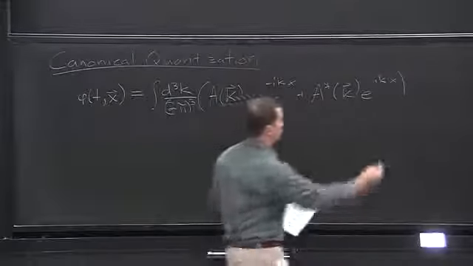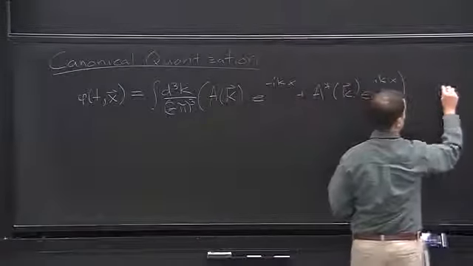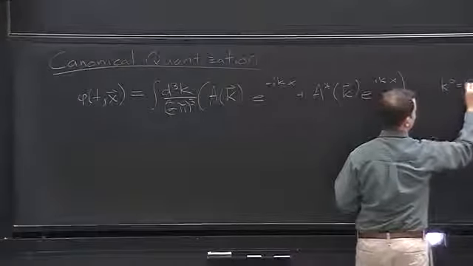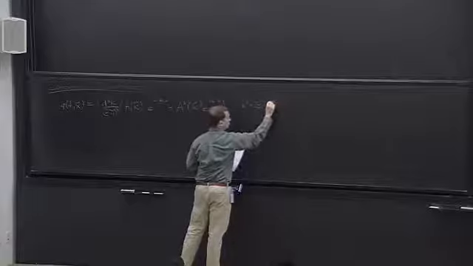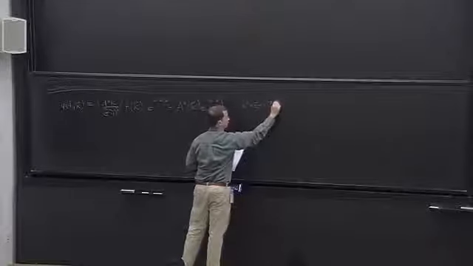Where, just remember here that k^0 was E_k, which was the square root of k squared plus m squared.